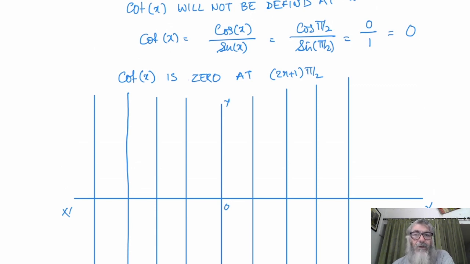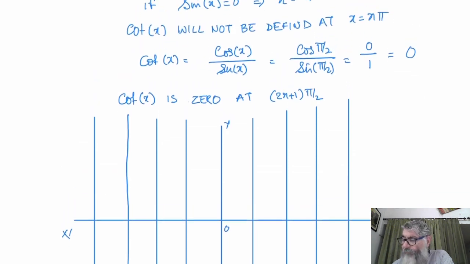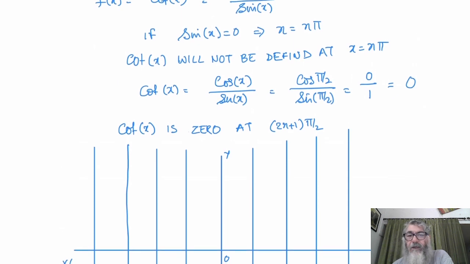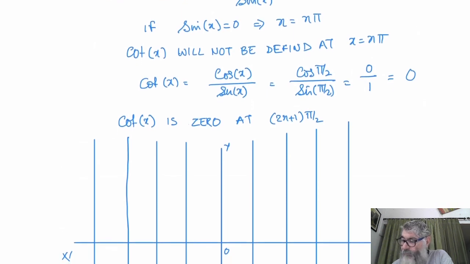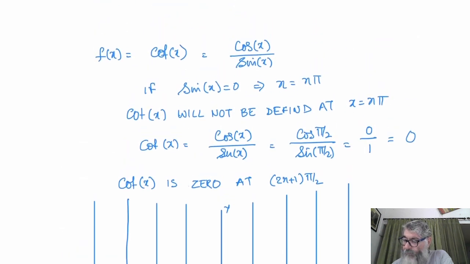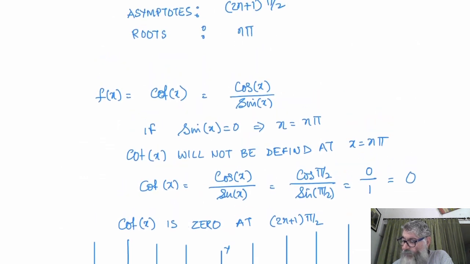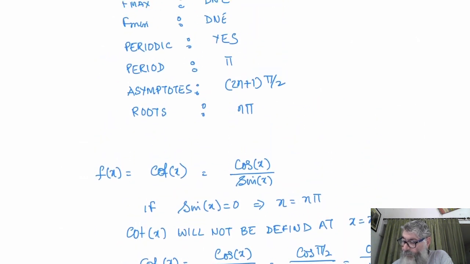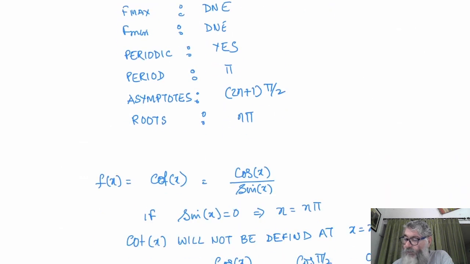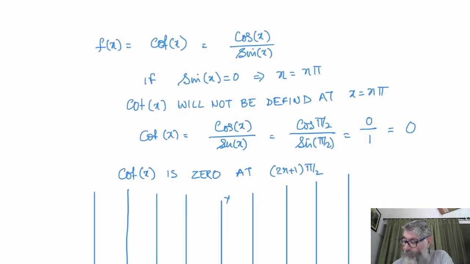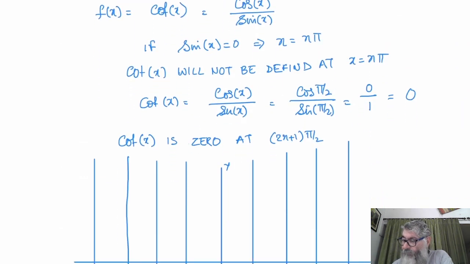For cot x, we said where it is going to be 0, where this curve is going to pass through 0, and where it is not defined. It is not going to be defined when sin x is 0. Sin x is 0 at n pi. So let me first write down all the values, then I'll show it to you.